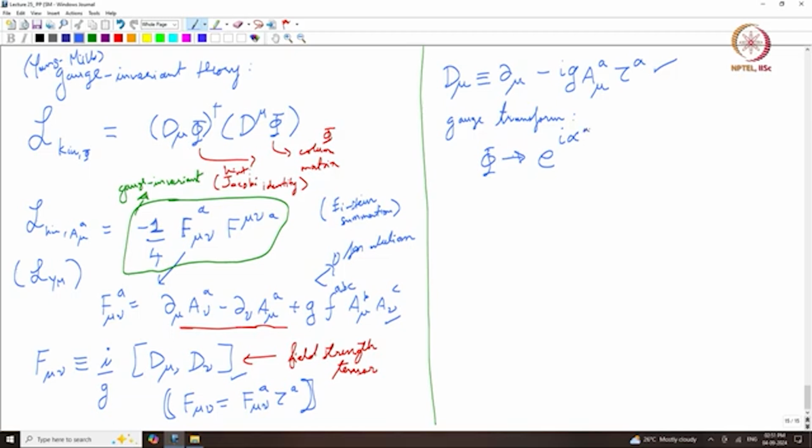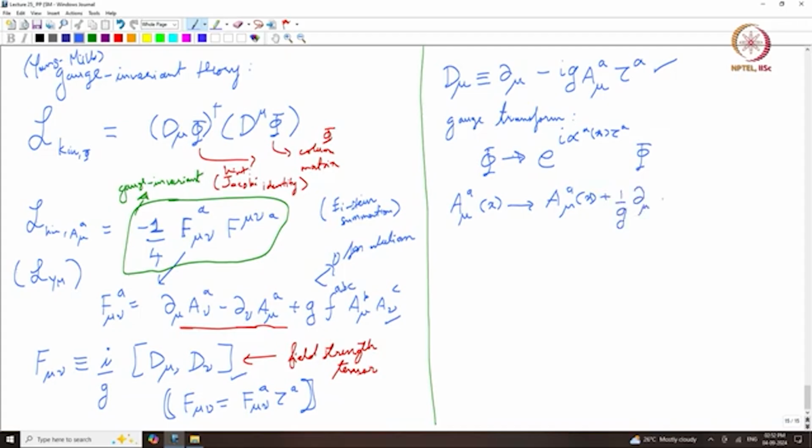We just wrote u of x. I'm just going to write this in this new parameterization. So this is how the scalar field in this case transforms. But what about the gauge boson? The gauge boson transforms like this.